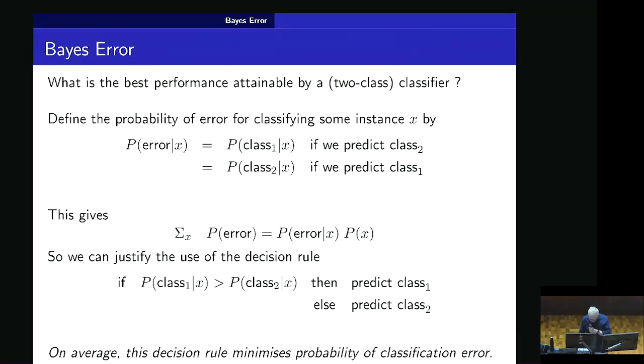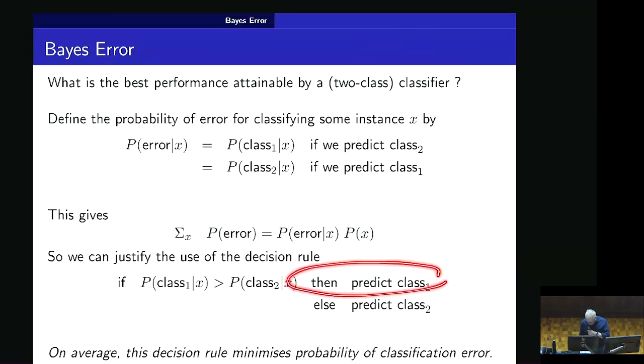The other way that this is useful is justifying this decision rule, which is essentially what we've been using, right? We say if the probability of class 1 given X, positive given X, is greater than the probability of class 2 given X, this is essentially logistic regression, but we could even think of other linear classifiers like this, then predict the most probable class, otherwise predict the other class.